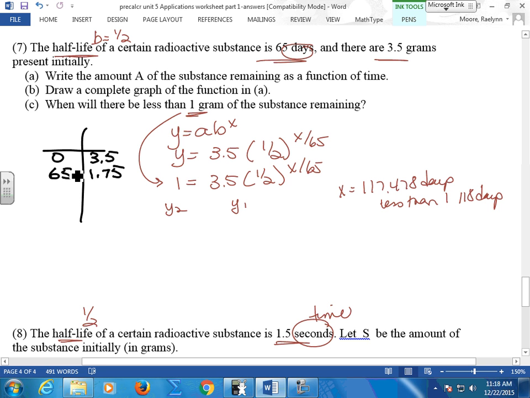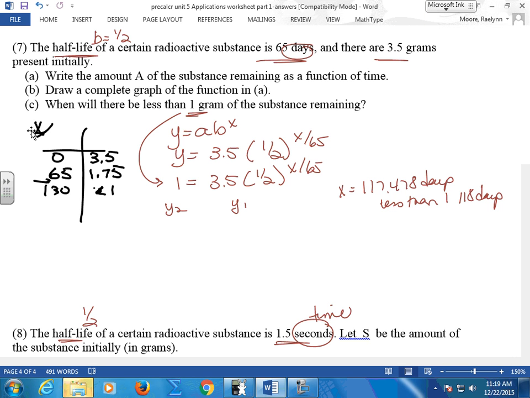And then another 65 days, I'm half of this, so this is less than 1. Whatever that happens to be, less than 1. So my 1 has to fall in here somewhere. So I like to do this first, because I think it gives you a perspective on this. Where are my numbers going to look like? Plus that also helps you do your window. I can kind of get a feel for where my window is going with this.